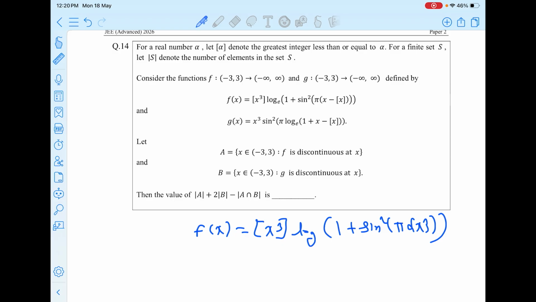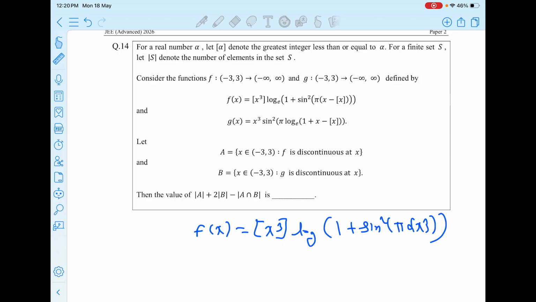Now you have to calculate the number of points where this function is discontinuous. In the same way for g(x), but what is the difference? The difference is, first of all, sine and log they have interchanged, and then there is no box here.